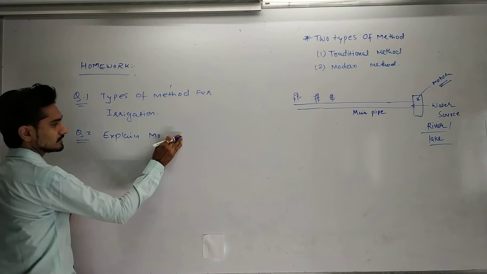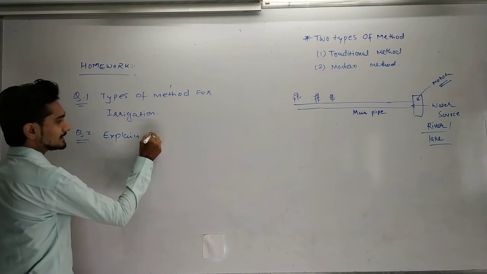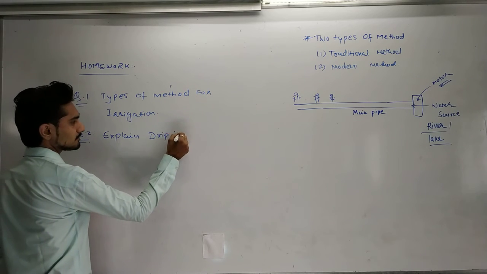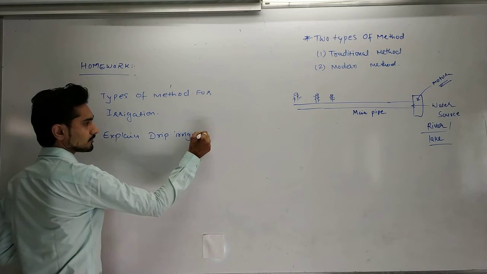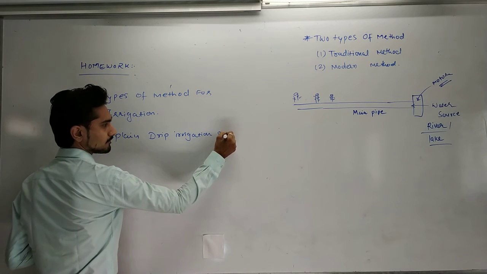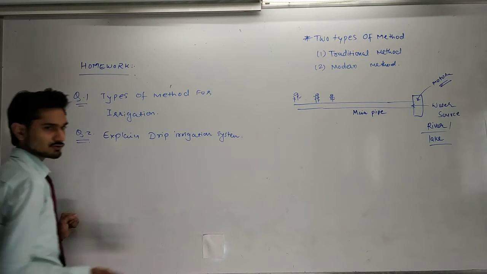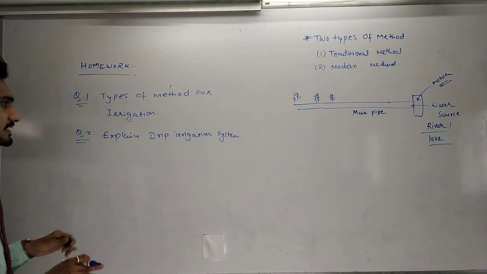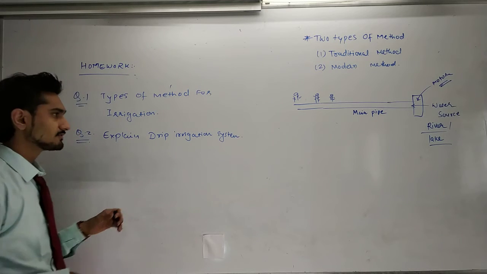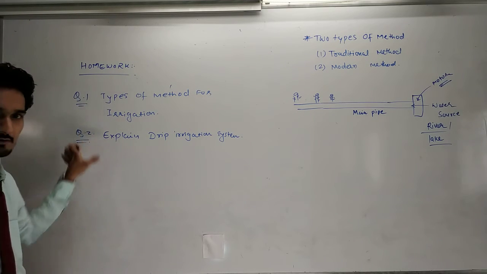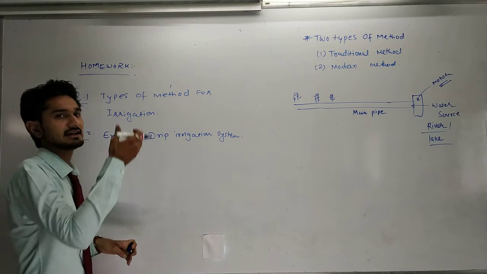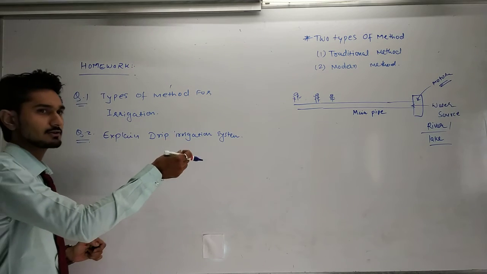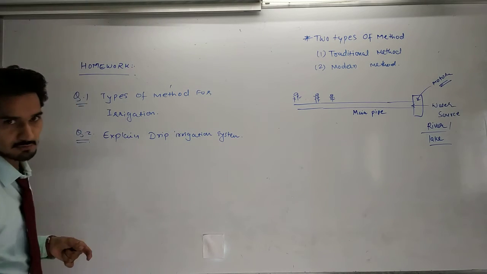Explain the drip irrigation system, the whole question on the drip irrigation system, which we have seen in this lecture. If you want to take notes from here, you can rewind the lecture, use the pause button and take a screenshot.